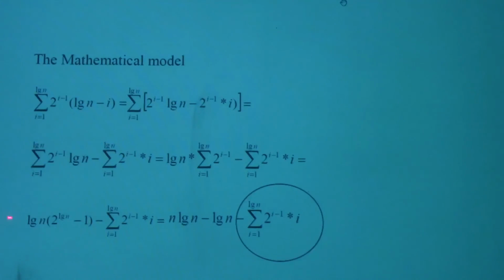We have lg n times this geometric series minus the sum of this one, which ends up being n. This is, by the way, lg n times 2 to the lg n. What's 2 to the lg n? That's n. So that's how we get n lg n, minus lg n times this sum.